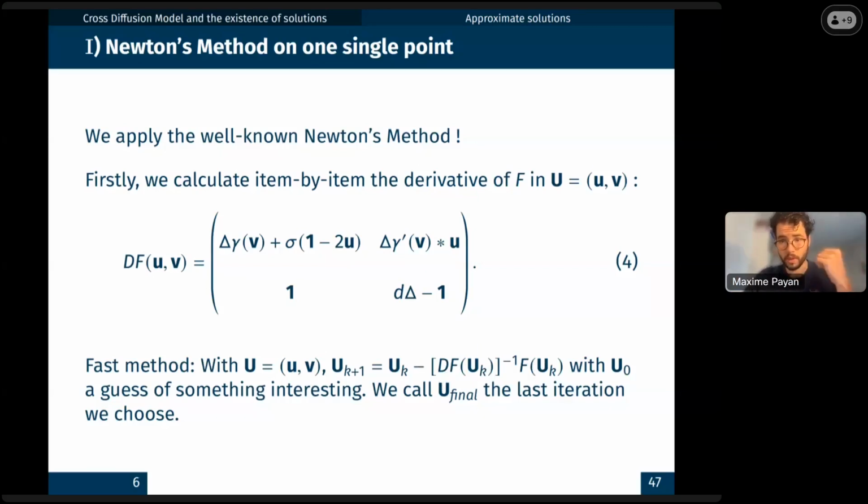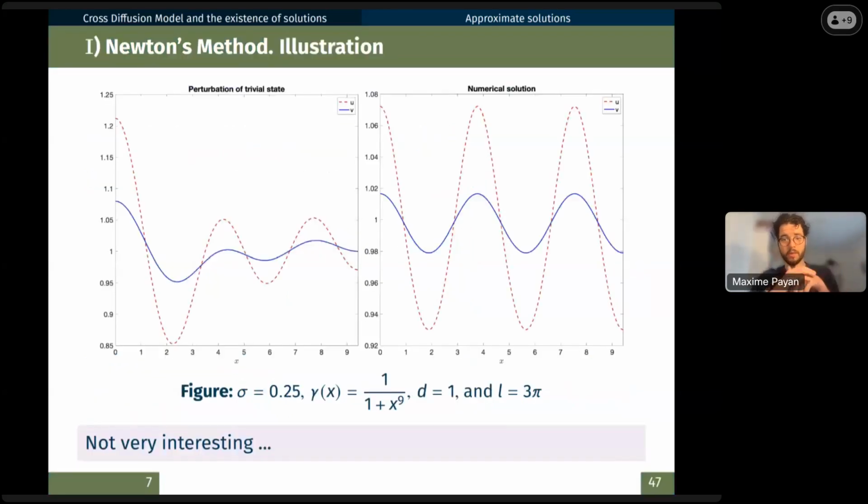For example, we have this illustration. I fix the model with sigma equals 0.25. Gamma is a rational fraction here. The diffusion rate of V is just 1, and the length of the domain is 3 pi. On the left, this is the U0 of the Newton's method.